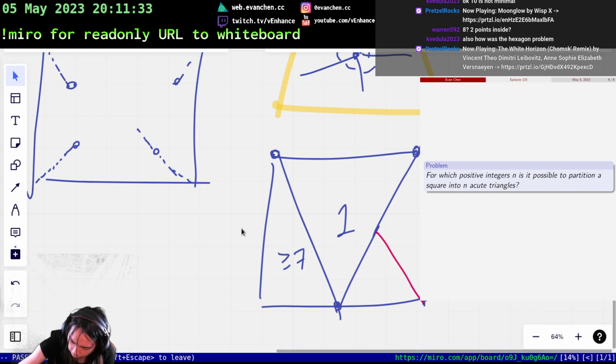And the only case that doesn't give you a bad triangle is this. But if this is less than 90 degrees... No! This is bigger. So now it's on the opposites. Oh, I hate this in so many different ways.